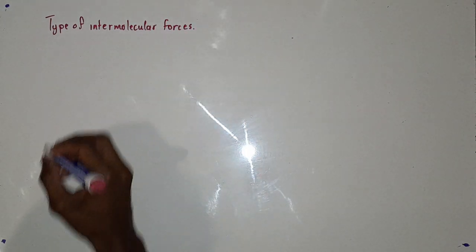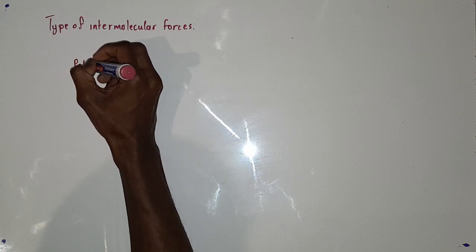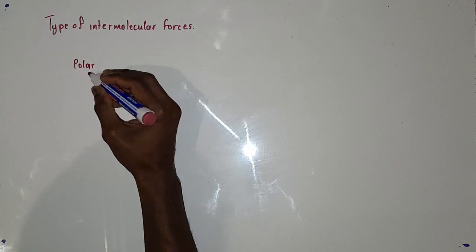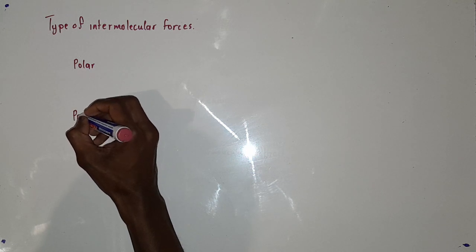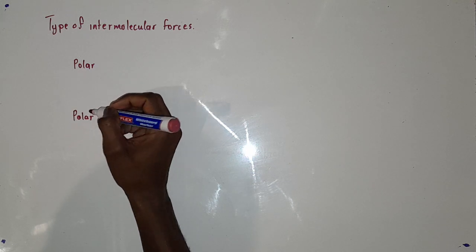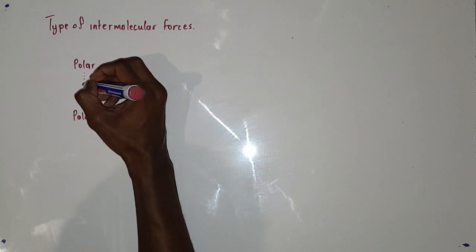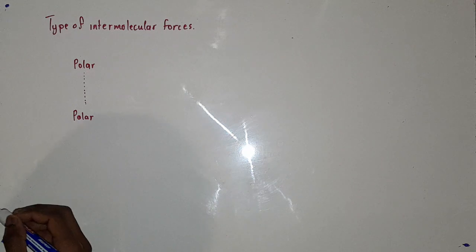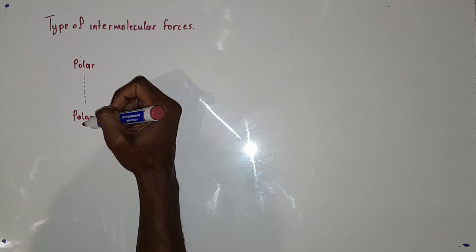Do you understand? I'm going to take a polar molecule. Keep that in mind. Then together with a polar molecule. Don't forget that we said polar molecules, they are dipole. Keep that in mind. It's like now I combine a dipole together with a dipole.